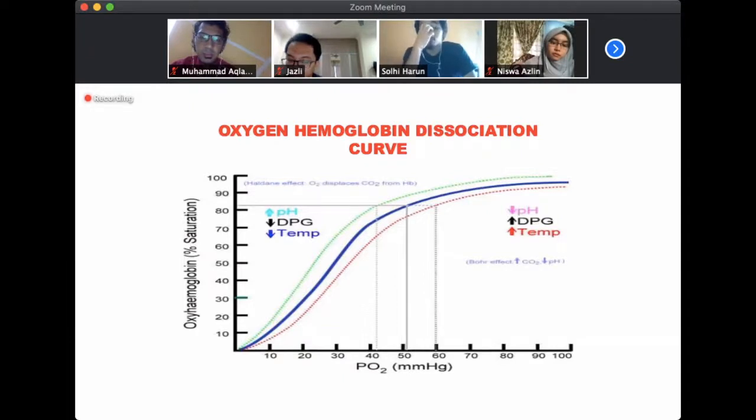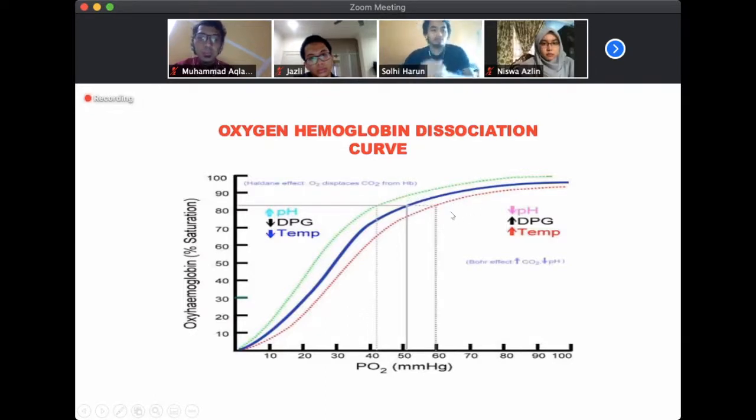Therefore, if you look at a baby with SpO2 of 90%, look at the graph, the PO2 is actually only about 50 millimeters of mercury. Understand kan? But if you take an ABG of an adult with 90% oxygen saturation, the PaO2 will be around 60 to 70.